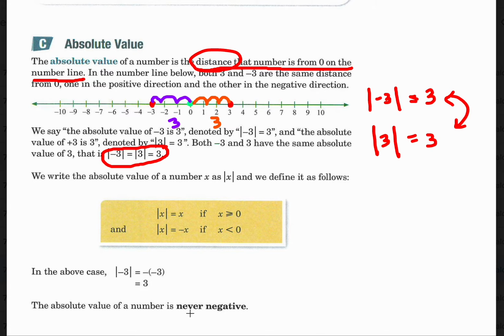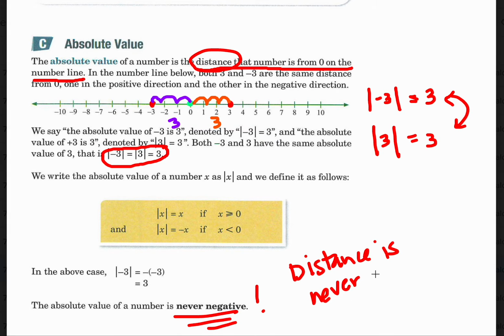You'll also notice that the absolute value of a number is never negative. Why? Because absolute value, since it's talking about distance, is never negative, right? No one's going to say, hey, how far away do you live from school? And you say, oh, I live 5 miles away.